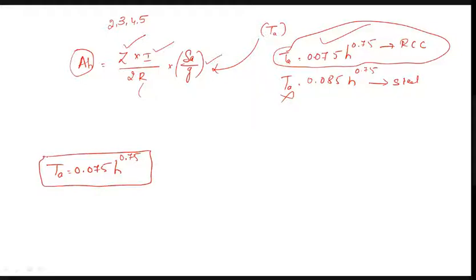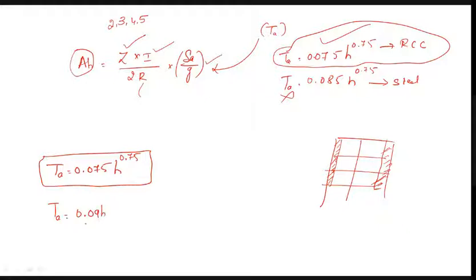Suppose the frame is resisted by brick infill, say this is your frame structure and it is infilled with bricks, they have laid the bricks, meaning an enclosure. Then the Ta value can be written as Ta equals 0.09 h upon square root of d.